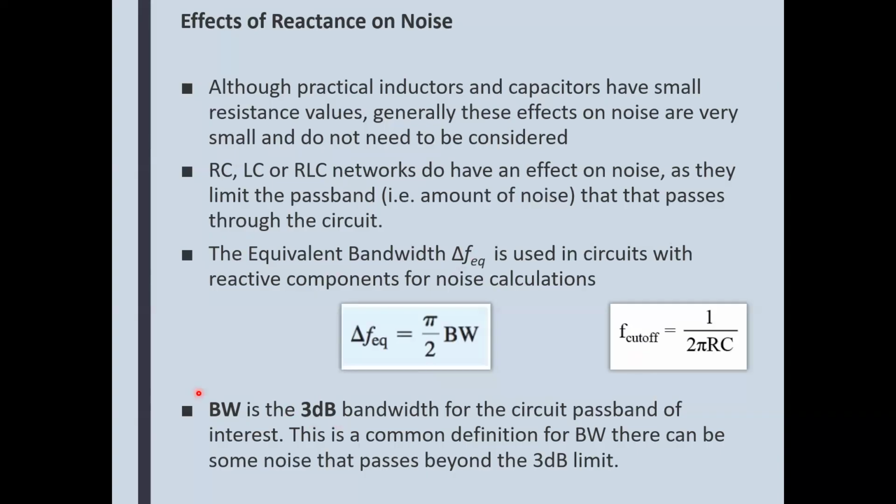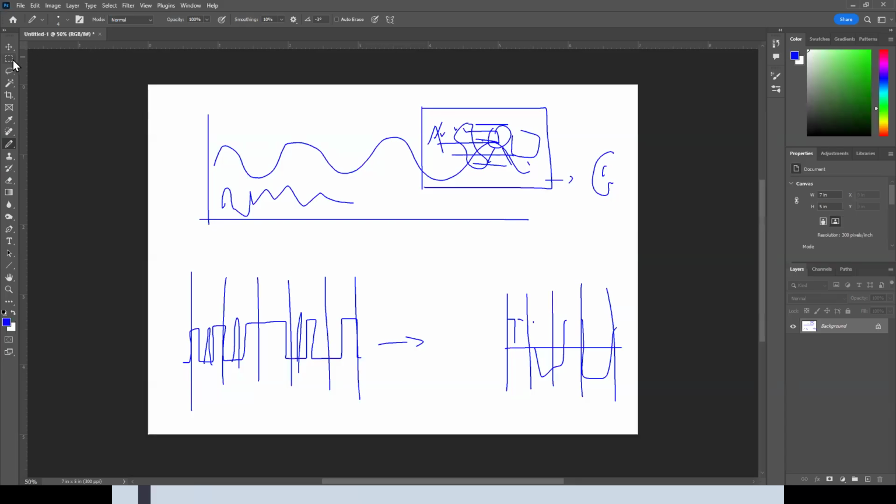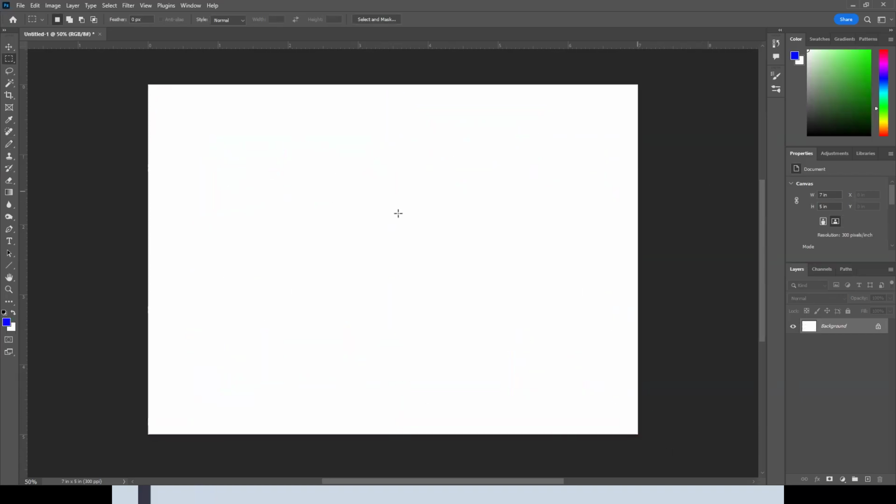All right, we get to the board. Here are the famous axes. Let's say this is frequency, and this is voltage. Low pass filter.